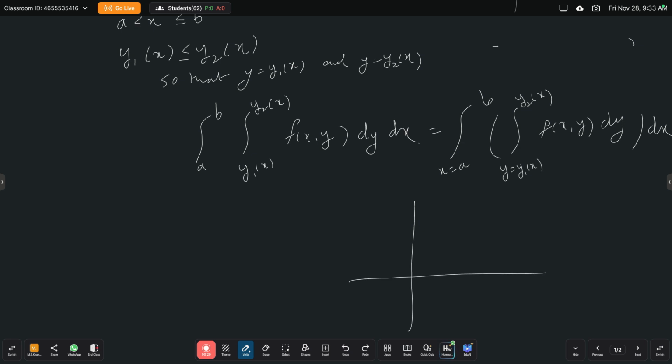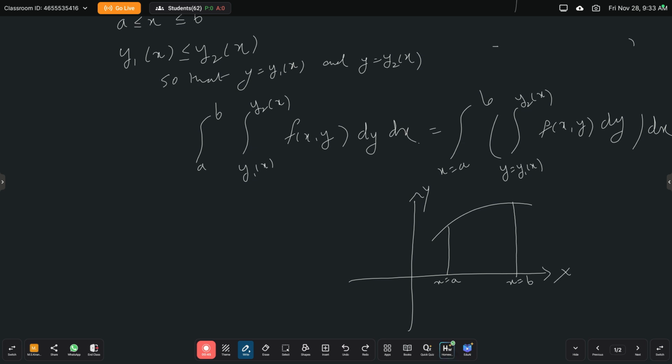If I take a curve, then take the 2 points, x equal to a and x equal to b. This is the x axis, this is the y axis, we know that.